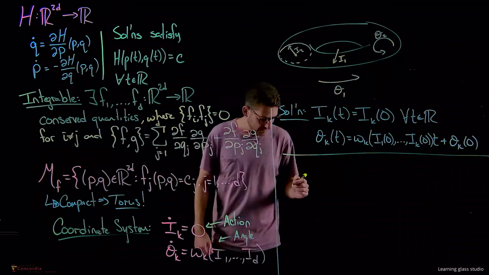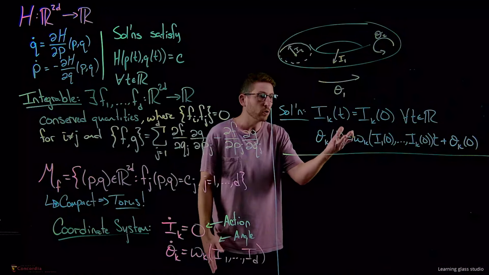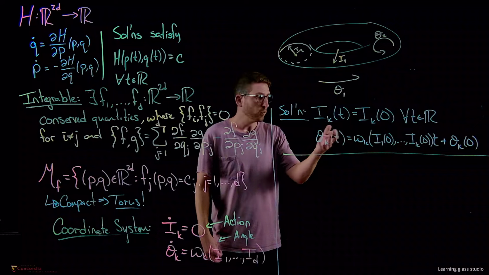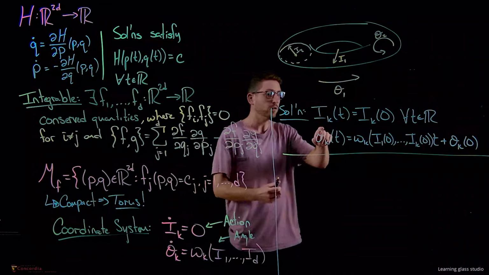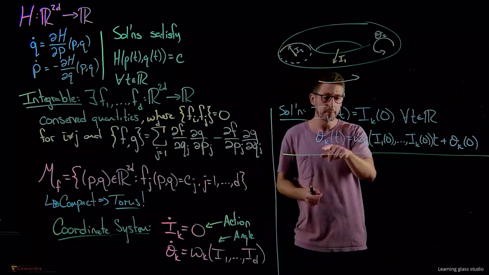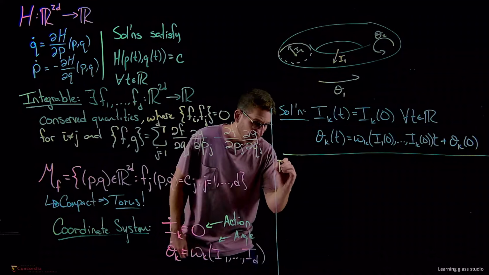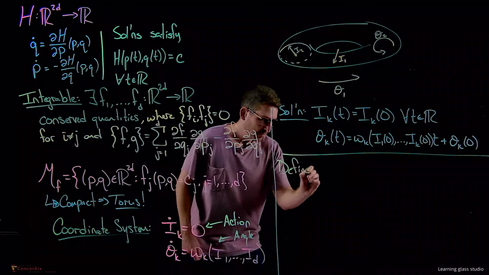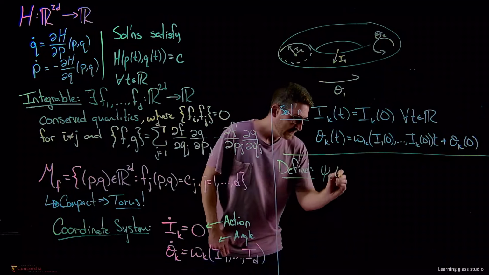But how does this relate to Koopman? Well, let's take a look at something. These are basically polar coordinates for maybe the complex plane, for example. So for each k value, this describes a radius, and this describes an angle. So then what we can do is define, let's say, psi_k of p and q.